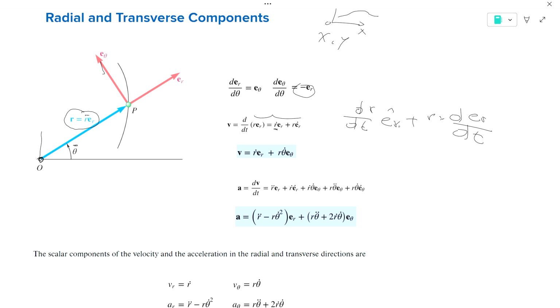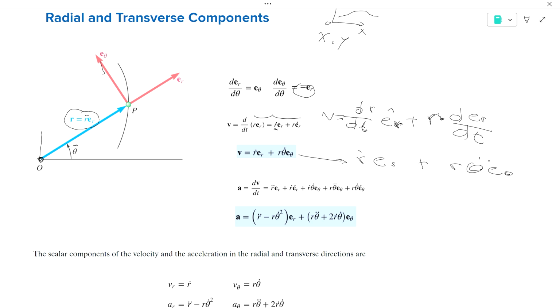All right, so if you notice, this is our velocity: the change of the distance r with respect to time times the unit vector, meaning that it is along that line, plus the distance at that instant times the change in the direction of the unit vector. That you see simplified as r dot e_r plus r theta dot e_theta.